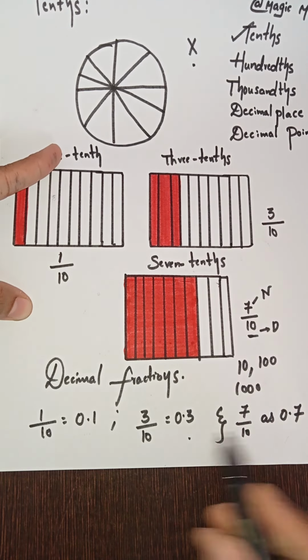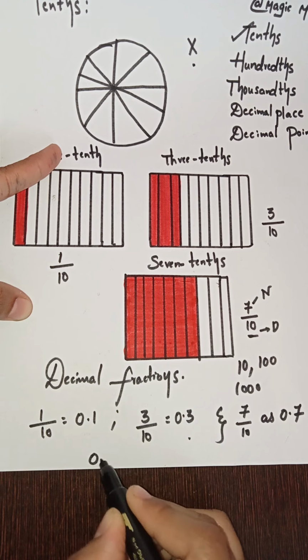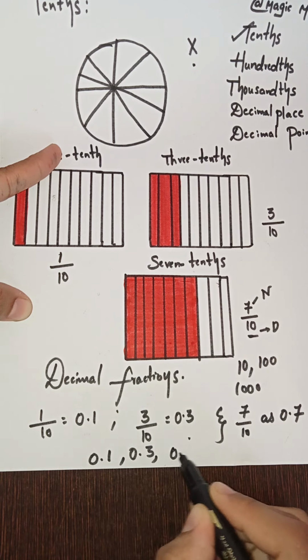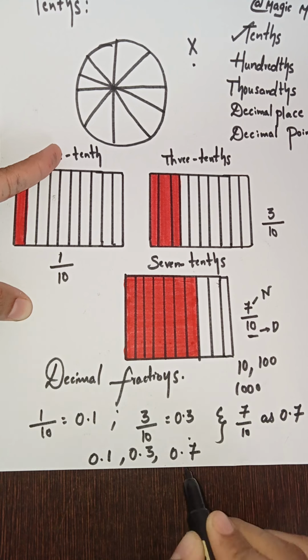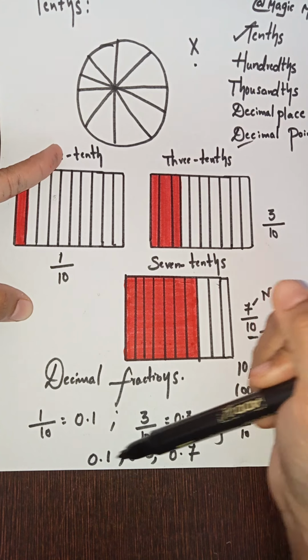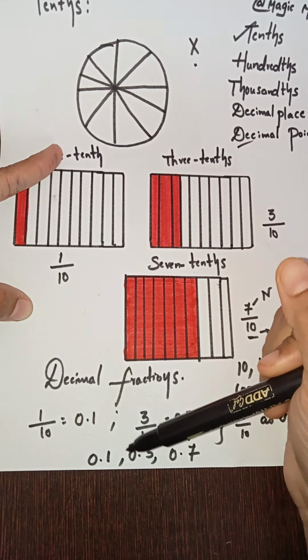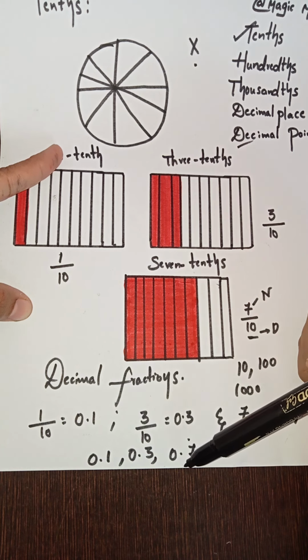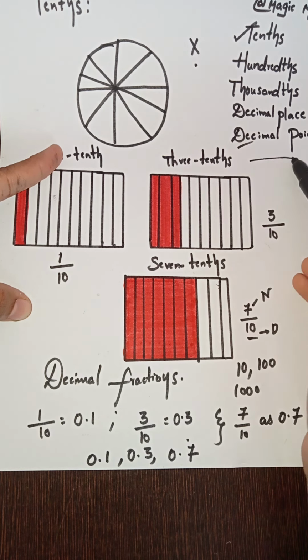And the dot here in 0.1, 0.3 and 0.7 is called a decimal point.